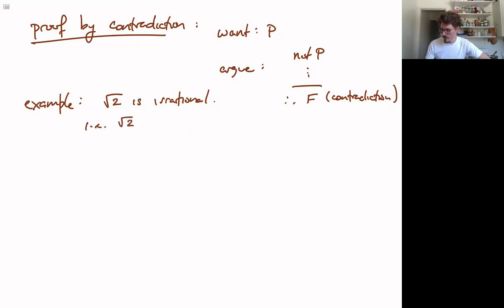Which is to say root 2 cannot be written as r over s for any integers r and s. So how do we prove this? We will proceed by contradiction.